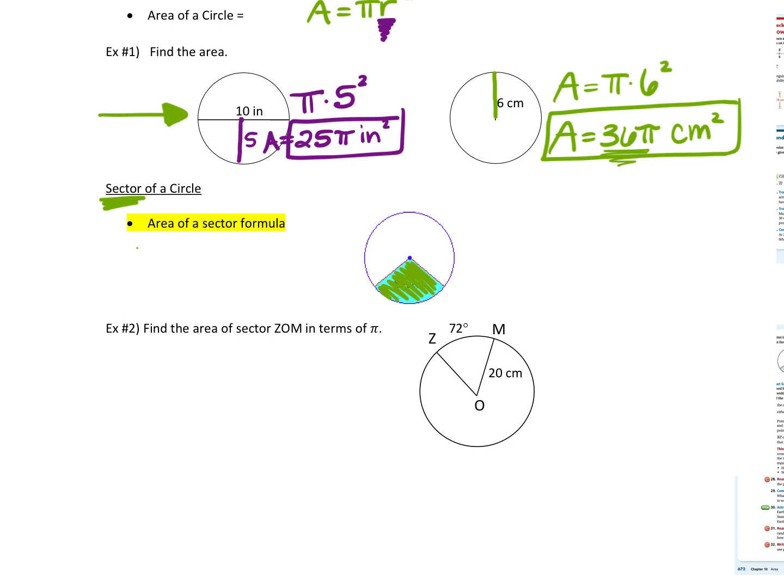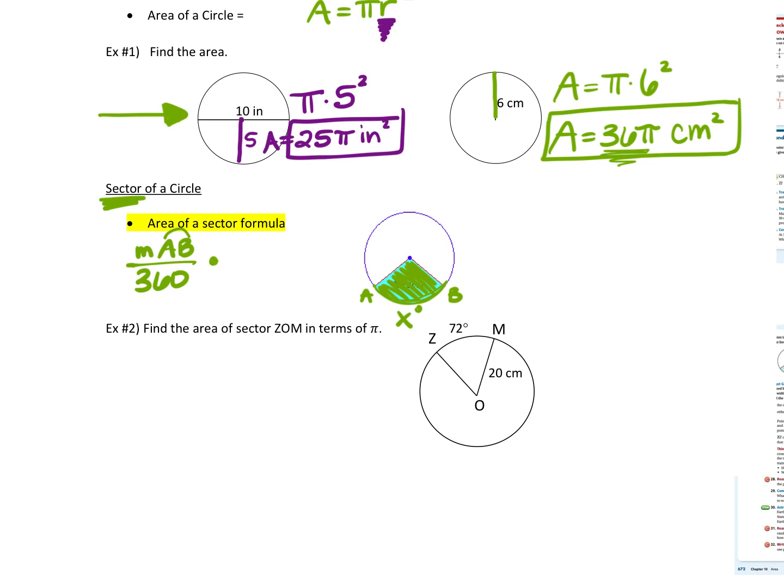So just like we did arc length, you're going to take the measure of the arc. We're going to call it AB right now. This would be A, this would be B. So the measure of this arc, whatever number of degrees that is, is going to go in over what? Do you remember? Over the whole thing, the whole circle, which would be 360.